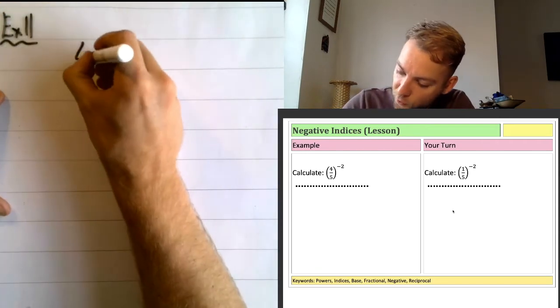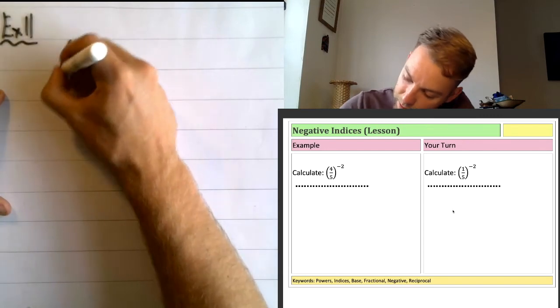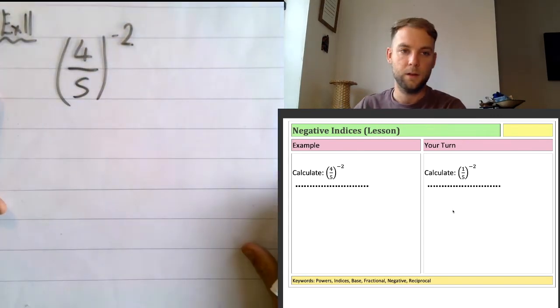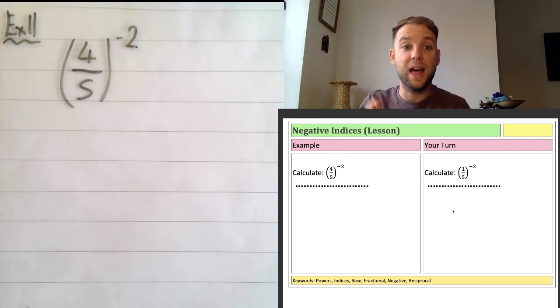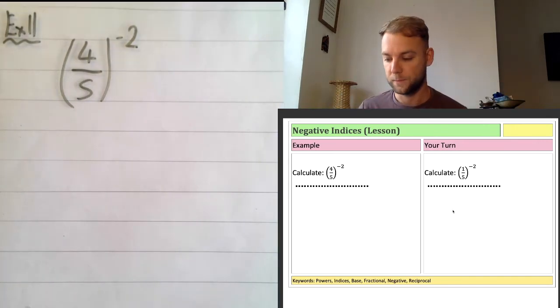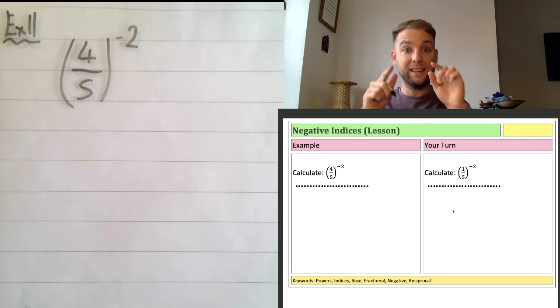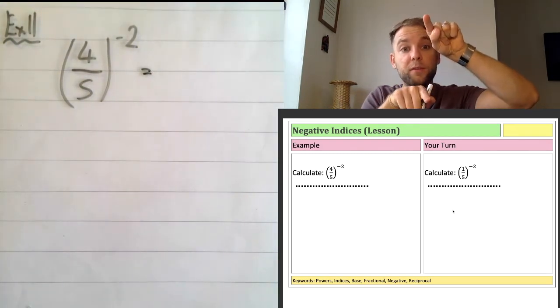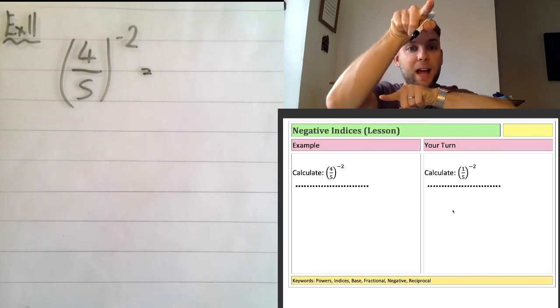So I've got 4 over 5 to the power of now, and this is where it's getting a little bit tricky, -2. So I'm going to deal with the negative first, and then I'm going to deal with the power. The negative means the reciprocal, and the reciprocal of a fraction means that I flip it round like that.